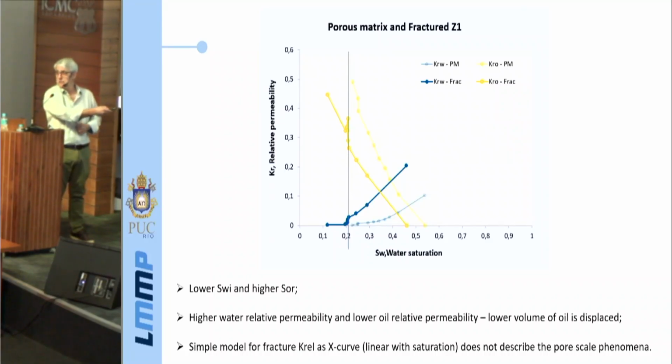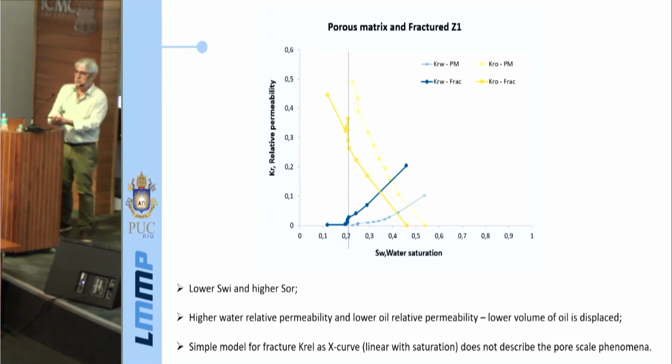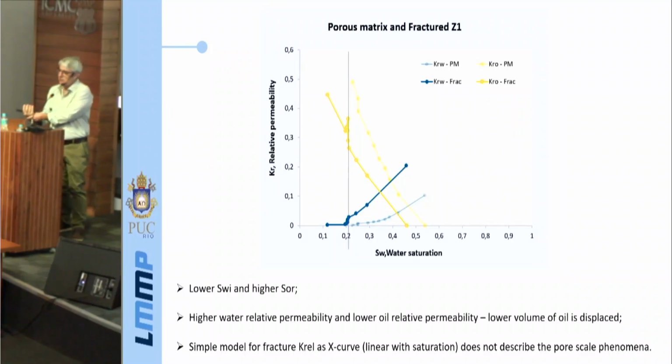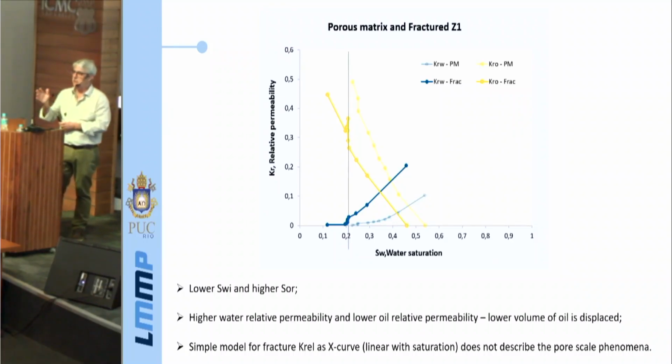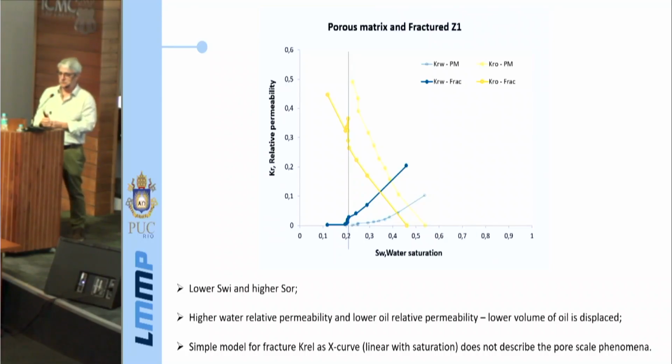You get more oil trapped inside that porous medium, okay? And you get an increase in the water relative permeability curve, and you get a decrease in the oil relative permeability curve. More bad news. Again, it's easy for water to flow, it's hard for oil to flow. This is not good news, it's hard to displace that oil. So that shows the challenge of displacing oil if you have a fractured porous medium, okay?